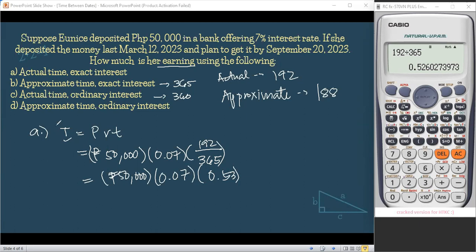So, kahit po 0.53 yung sinulat natin, ito pong nandito sa calculator, yun pa rin po yung gagamitin natin na result. So that will give us again approximately 0.036 or that is 0.037.